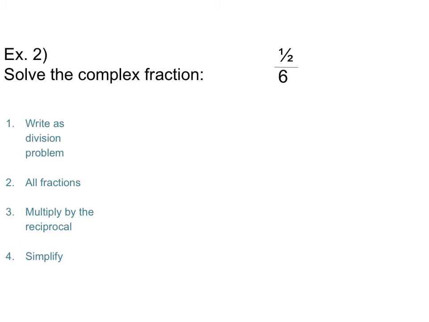So I have 1/2 divided by 6. All right, so we just need to write it as a simple problem. So I have 1/2 divided by 6. I like to make everything into fractions first.